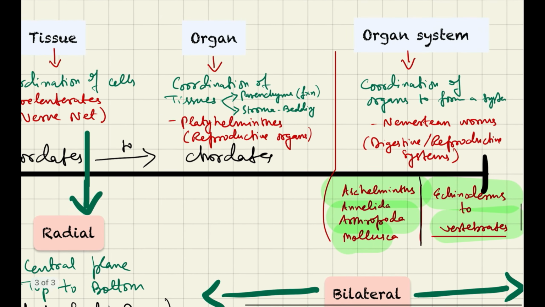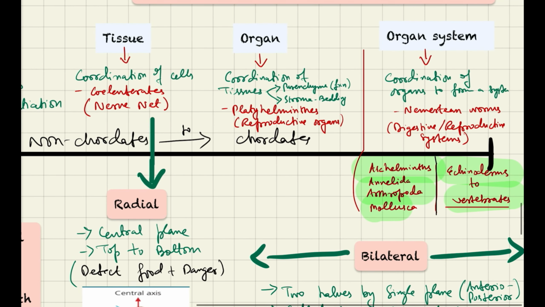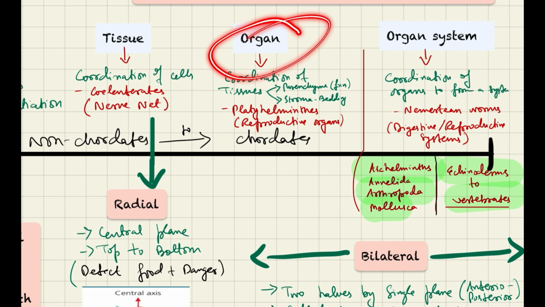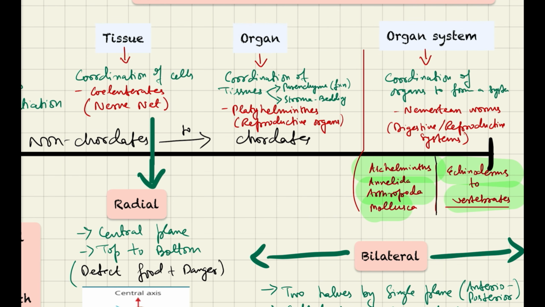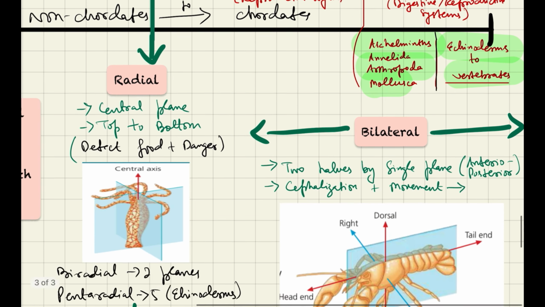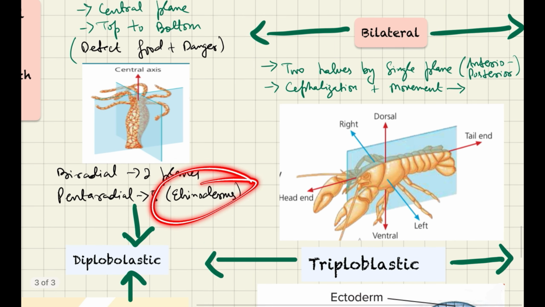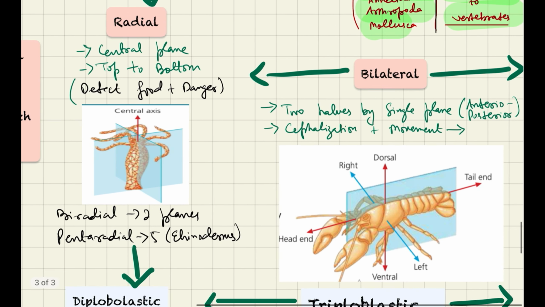Now let's come to interlinkages. We can see all the organisms with organ and organ system grade of organization are bilateral in symmetry, except, we know, echinoderms. In echinoderms also the larval forms are bilaterally symmetrical.